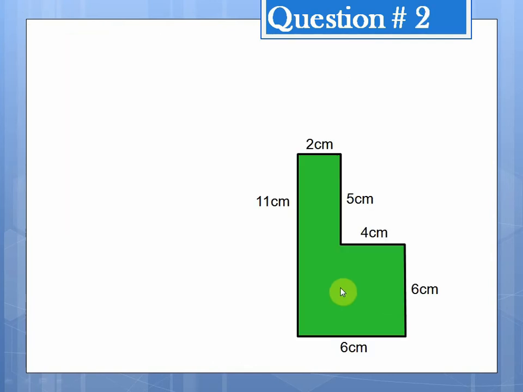Next, question number 2 is the same, as two rectangles are attached to each other. This is the upper, smaller rectangle, and the lower one is a bigger rectangle. First we find the smaller rectangle, which is 5 into 2. The whole width is 11 and this width is 5, so the remaining one is 6. So 5 into 2 becomes 10 centimeter square.